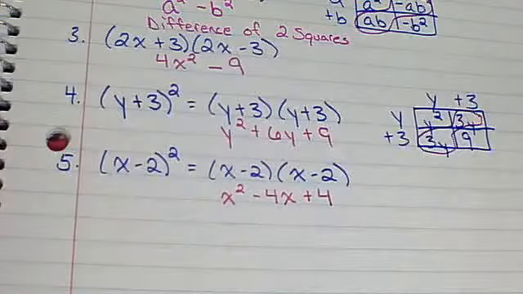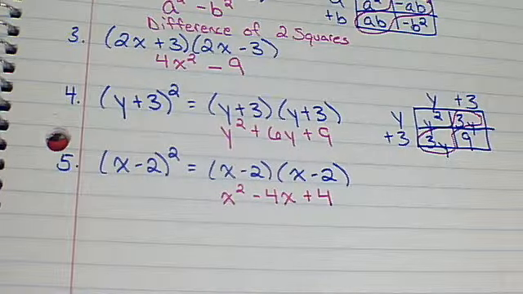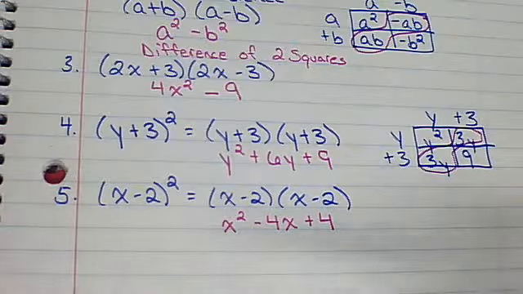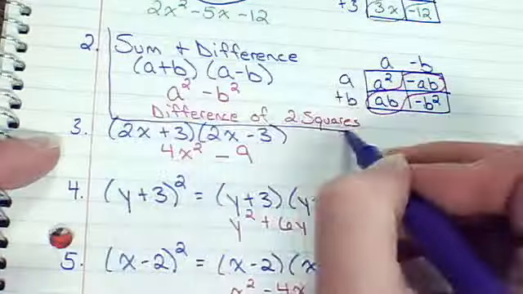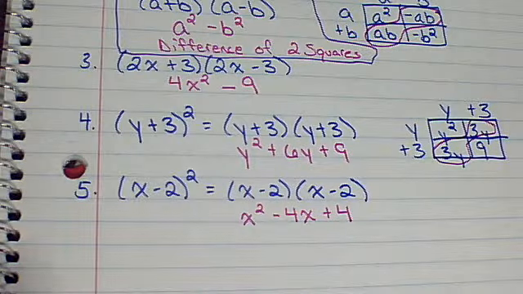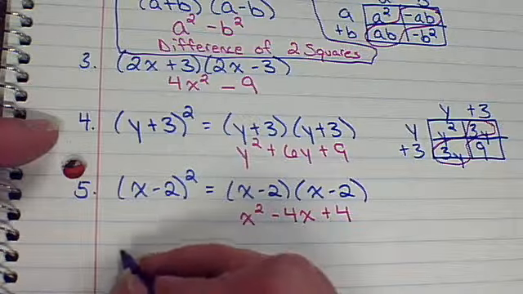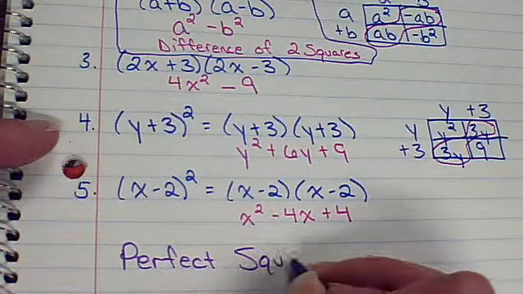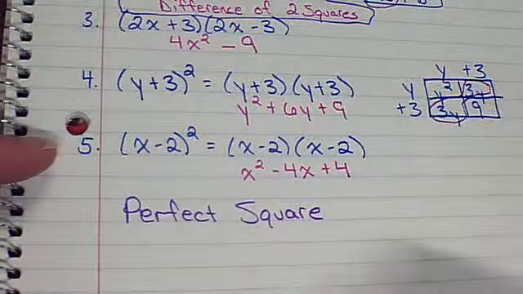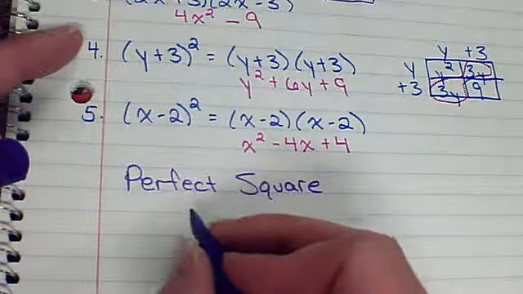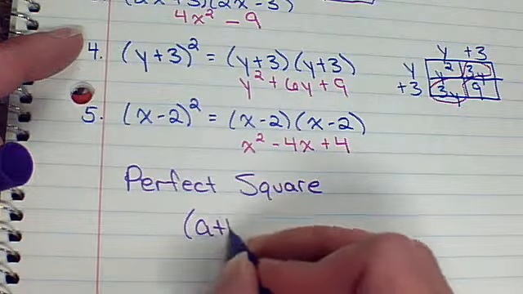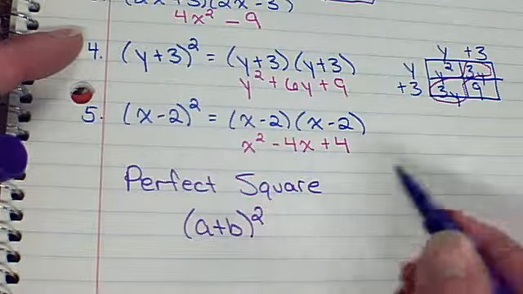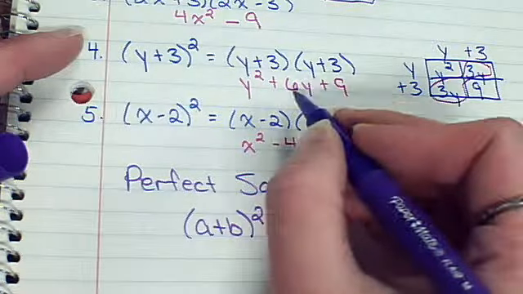Now the pattern for here, for when we have perfect squares, this is another one of these patterns that I really would like for you to know. Here's that first pattern that we looked at. This pattern is this perfect square pattern. And it is so useful. The perfect square pattern says that if I have a plus b squared, watch what ends up happening.